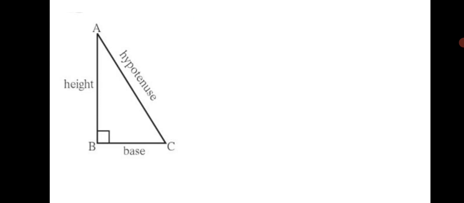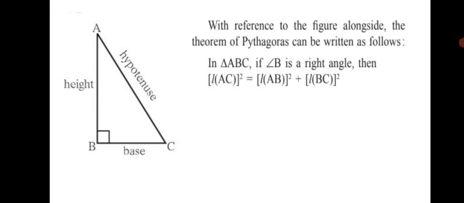As per Pythagoras theorem, the square of the hypotenuse, which is side AC here, that means AC square, is equal to the sum, means addition, of squares of the other two sides, that is AB square plus BC square.